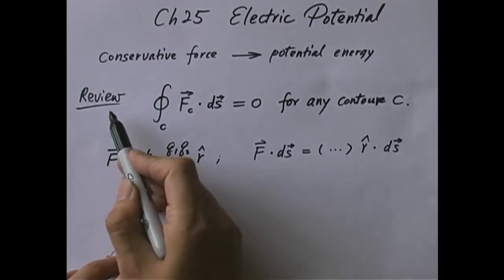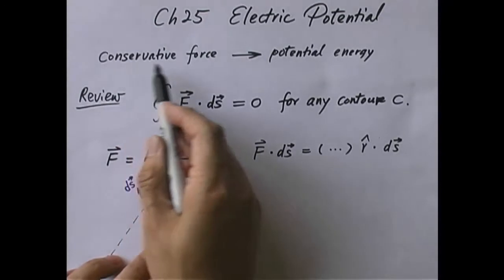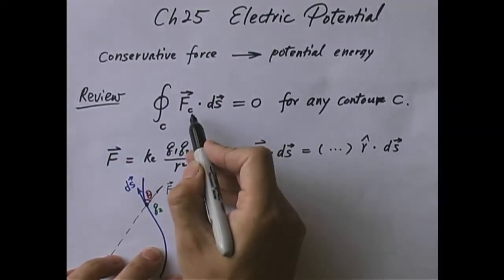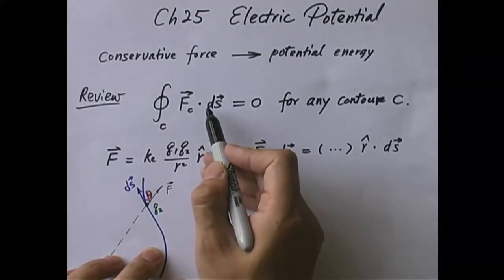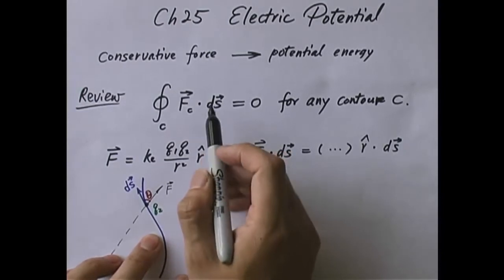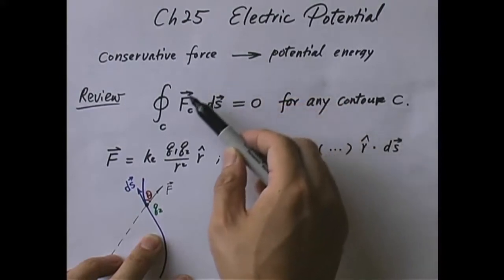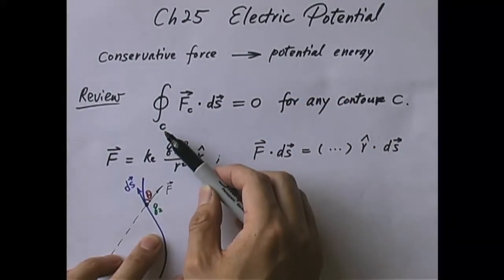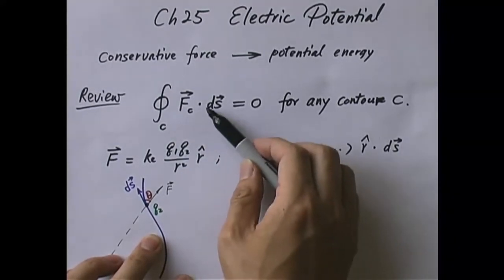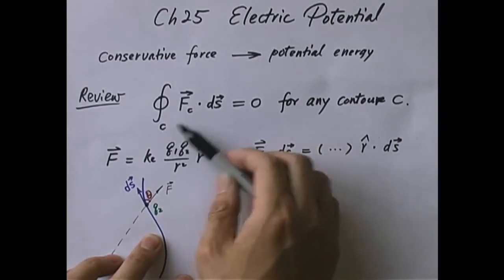Now, let's make sure we can do that. First, let's do a little review of Physics 1A. What does it take for a force to be labeled as a conservative force? Well, we use a subscript C to denote a conservative force. For a force to be conservative, it must be such that when you take that force and you move around any self-enclosed contour C, this C can be of any shape as long as it comes back to itself, then the integral of Fc dot ds, ds being the little displacement along the contour, would be 0.